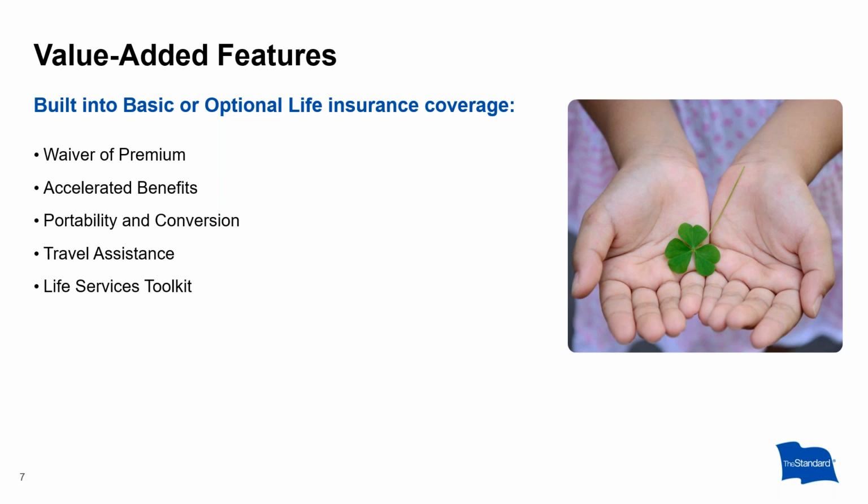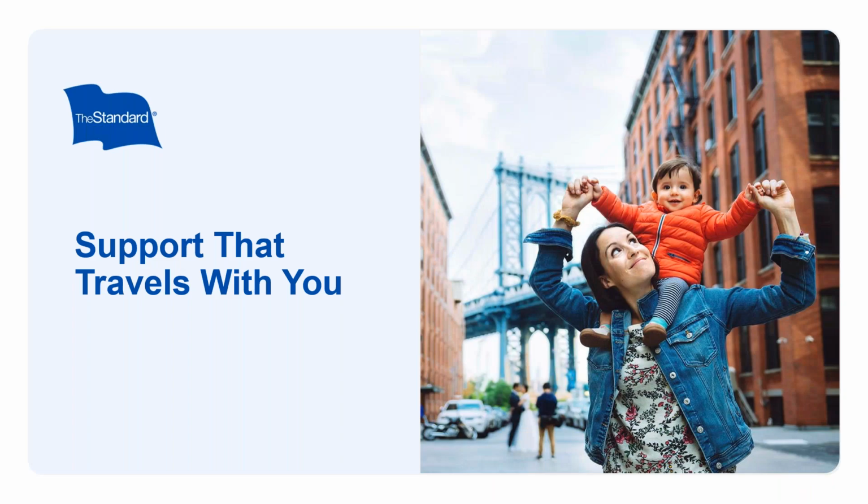There's also a couple of value-added features, our travel assistance and life services toolkit, that come free of charge because you're enrolled in life insurance. So whether that's the basic life insurance that your employer might pay for, or the optional life insurance that you are paying for, if you're enrolled in either of those plans, you have access to our travel assistance, which provides coverage to members and your immediate family members when you're traveling more than 100 miles from home.